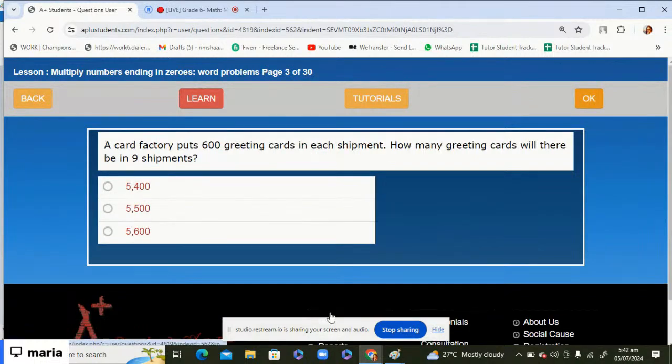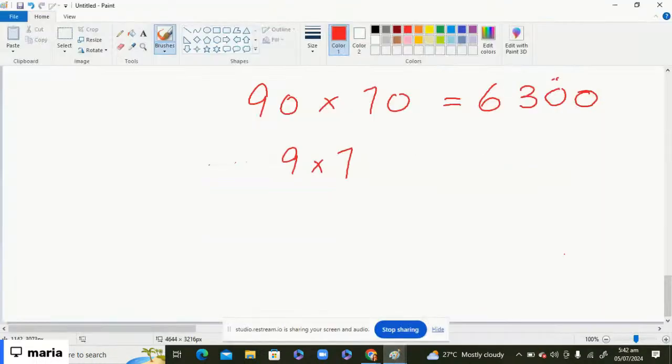Okay. A card factory puts 600 greeting cards in each shipment. How many greeting cards will there be in 9 shipments? So let's just check. 600 times 9.